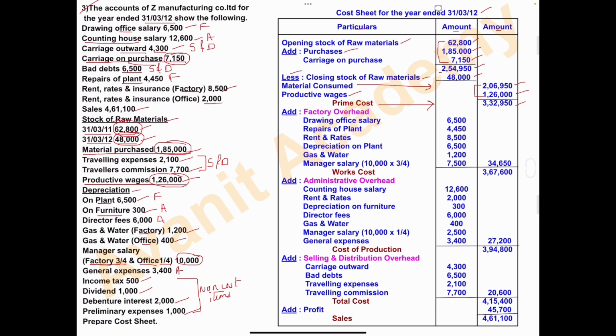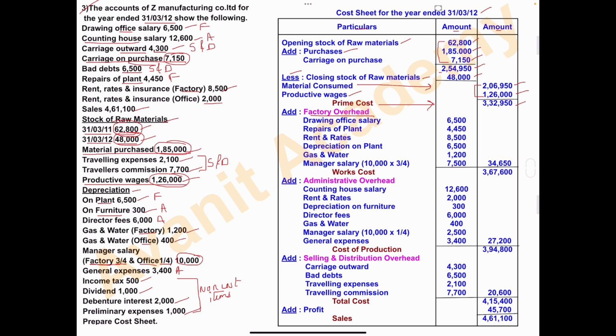After prime cost, we have to take factory overhead. Add factory overhead. Under this factory overhead, what we have to take? Any expenses or any charges related to the factory, we have to record under the head factory overhead.